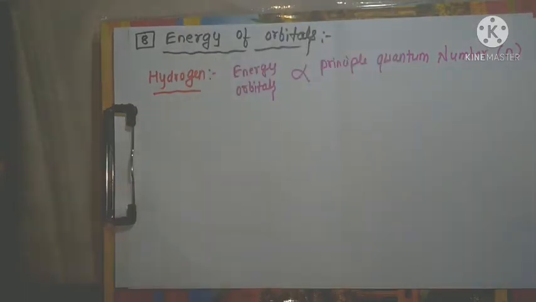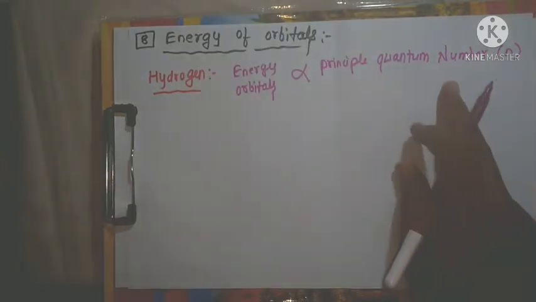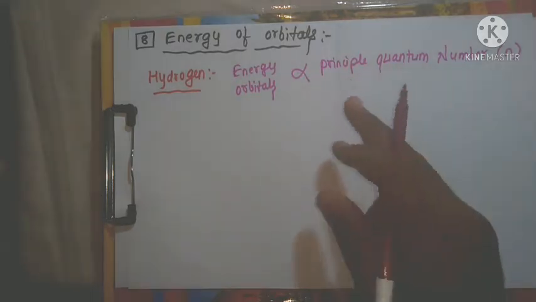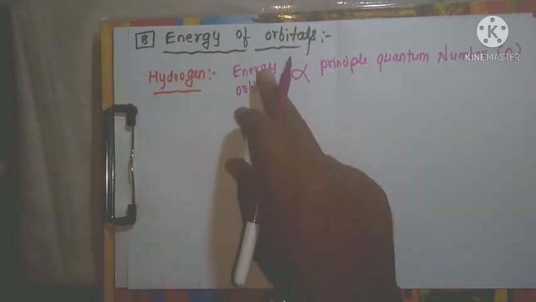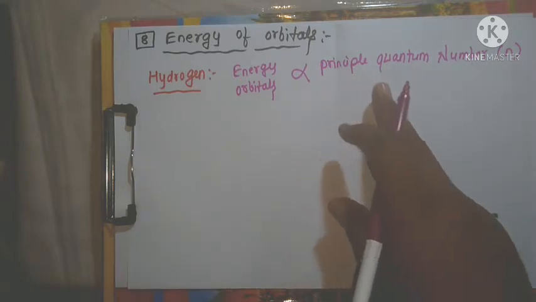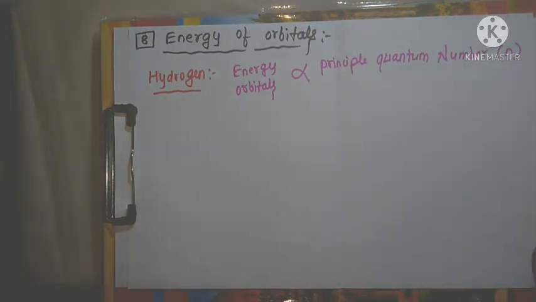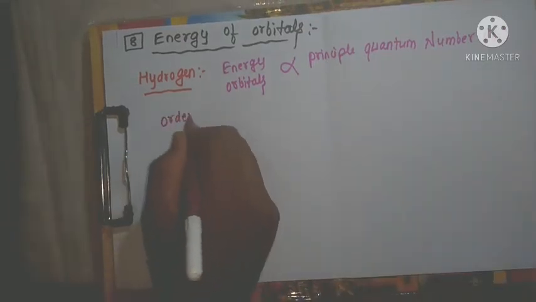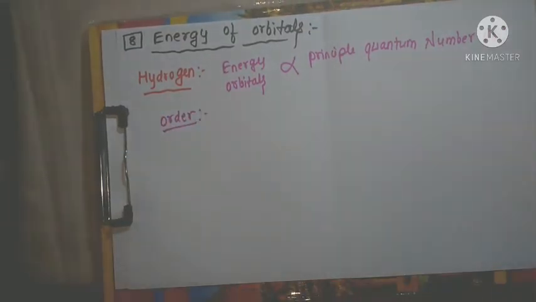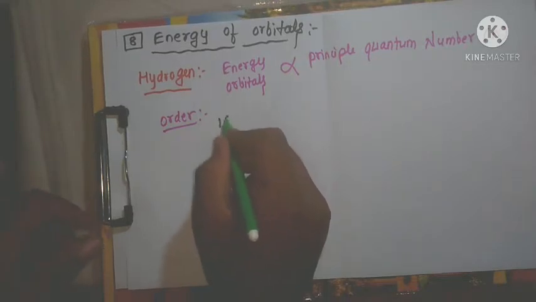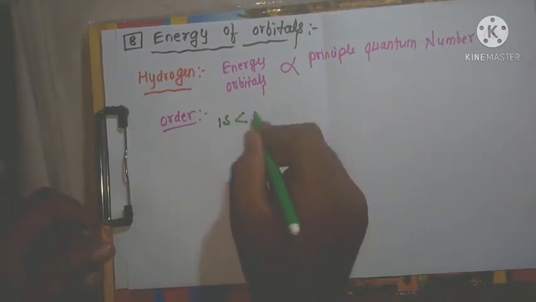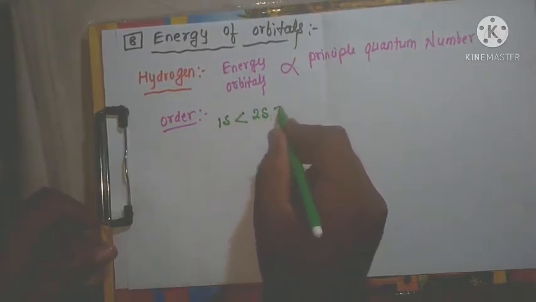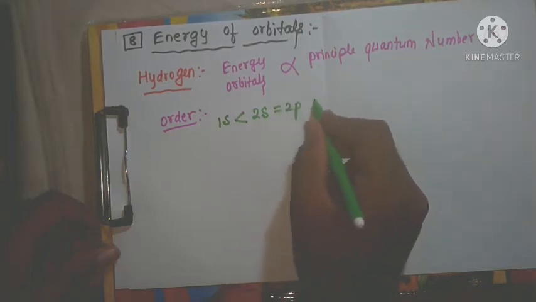Now here, the energy depends on the n value, it does not depend upon the L value. For hydrogen, energy of orbital directly depends upon the principal quantum number, not on the azimuthal quantum number, that is small l. Now I will write the order first. Order of increasing energy level of orbitals in the hydrogen atom. 1s has lesser energy than 2s, and 2s has the same energy as 2p.